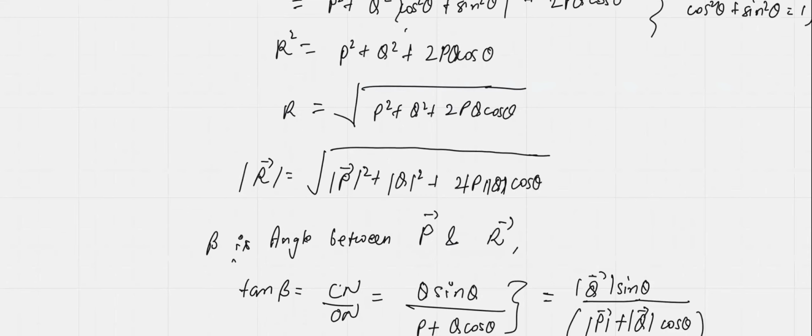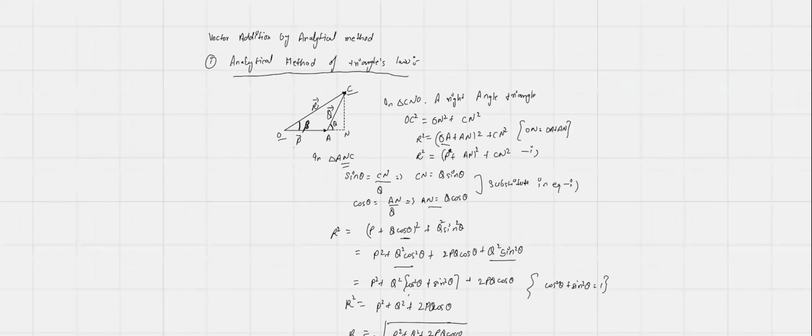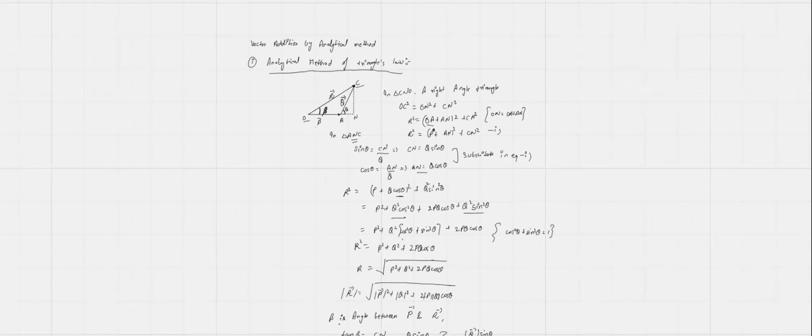By this, we are completely done with the triangle law of vector addition. Firstly, we discussed the graphical method in the previous page. Here we have discussed the analytical method. If you want to take a look, this is the whole thing.